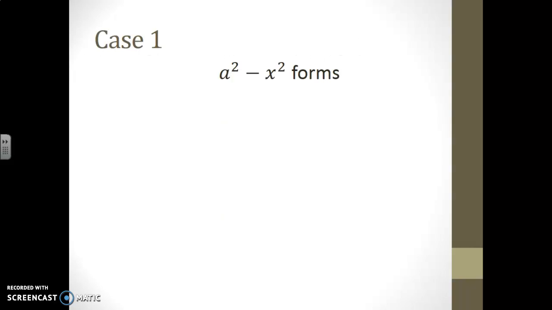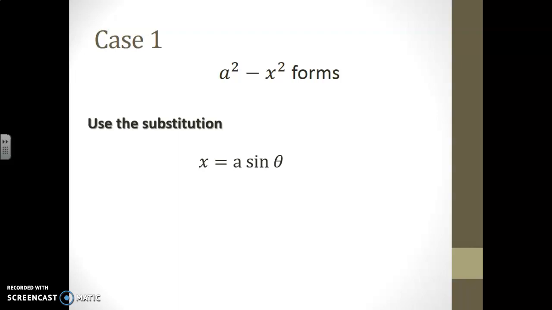In case 1, where we examine a squared minus x squared forms, we're going to use the substitution x equals a sine theta, hence the name trigonometric substitution. This is unusual because in the past we had chosen u subs to replace bigger portions of functions, whereas here we are going to take a simple expression x and turn it into something somewhat more elaborate.